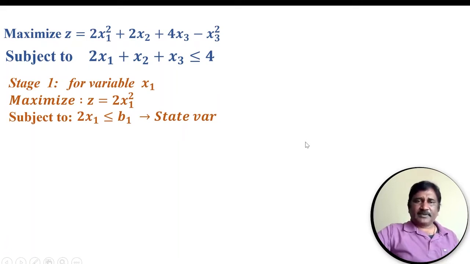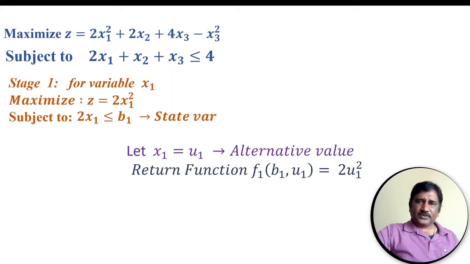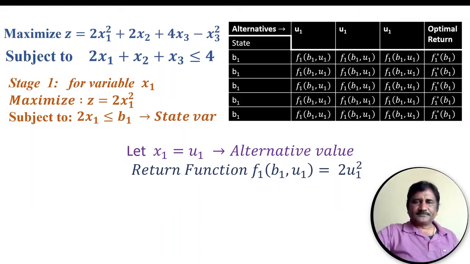So the state variable we have got, and now for getting alternatives, we will be considering x1 equal to u1, and u1 we are calling the alternative variable, which indicates the alternative, right?